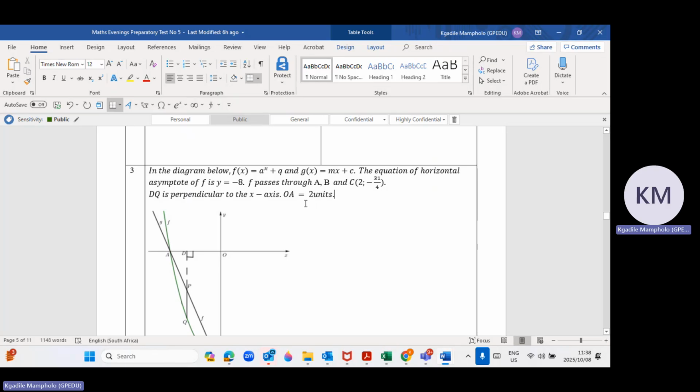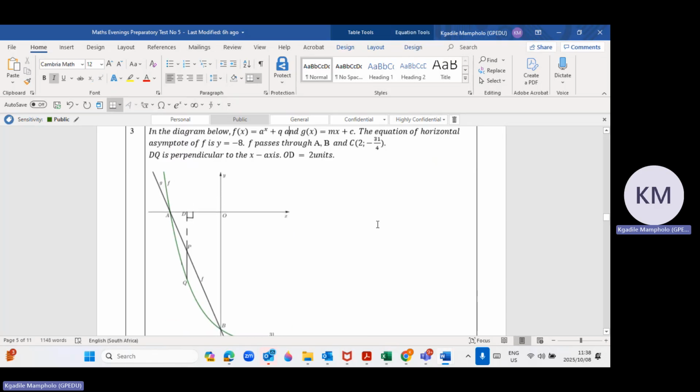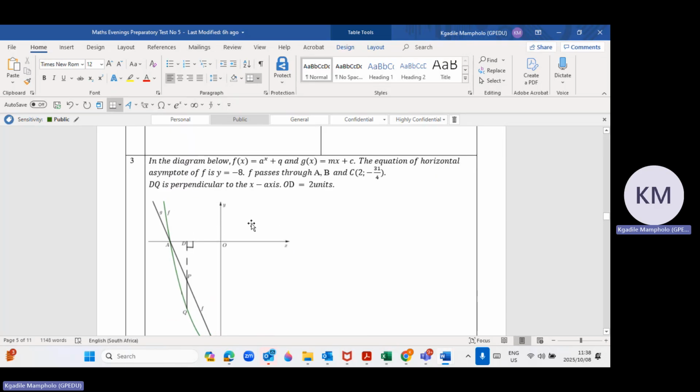We're supposed to say OD, not OA. OD is 2 units. Let's change it. OD is 2 units. Now, if OD is 2 units, it means x here is -2, because x this side cannot be positive. But we know that distance can never be negative. You can say OD is -2 units, but the position will make x to be -2.